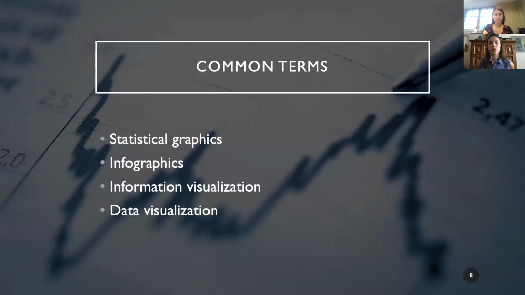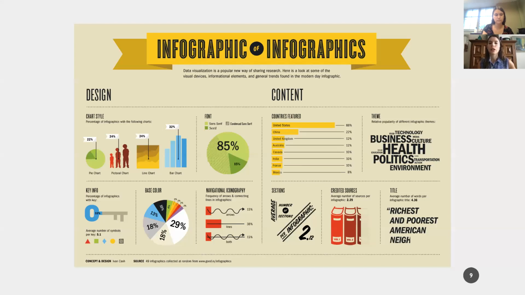So some common terms associated with data visualization include statistical graphics and infographics, as well as information visualization. And depending on who you're talking to, some people will view these as more interchangeable, while others will say they are different. If we compare data visualization with infographics, there are key differences.